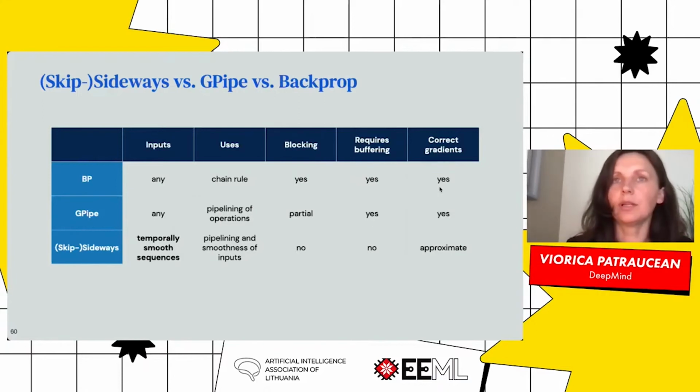Our model doesn't require buffering, whereas the others do. And because our method bypasses buffering, this results in using approximate gradients, whereas GPipe and backprop use more correct gradients.